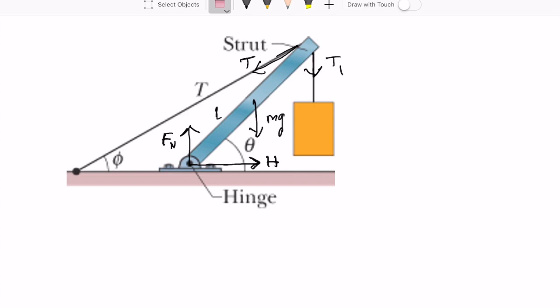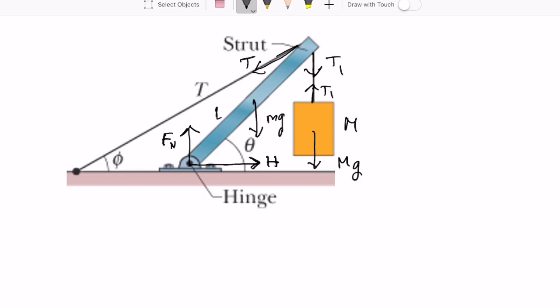Let's say that the hanging mass has mass capital M. What are the forces on the hanging mass? There is the tension T1, at the other end of the cable, acting upwards. And there is capital Mg acting down like this.